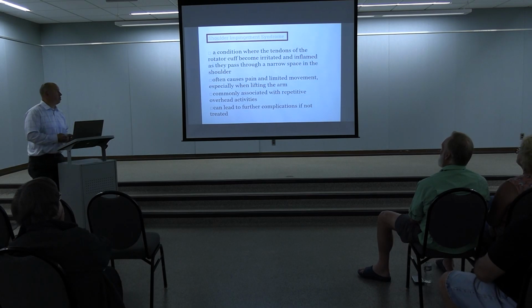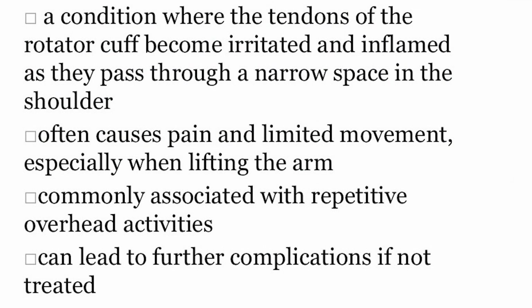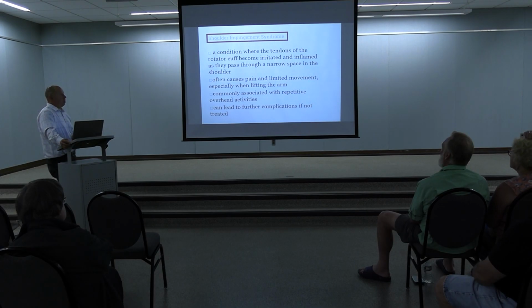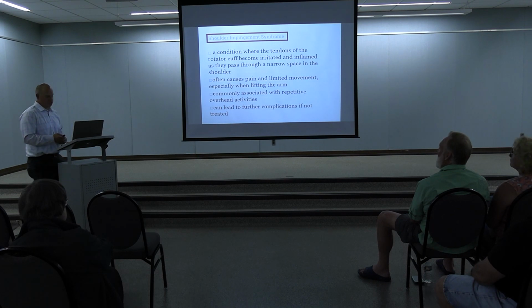So impingement syndrome is a condition where the tendons of the rotator cuff become irritated or inflamed as they pass through the spaces of the shoulder. It often causes limited motion, pain, especially when lifting your arm. It's often associated with common repetitive overhead activities, and if not treated, can lead to further complications.